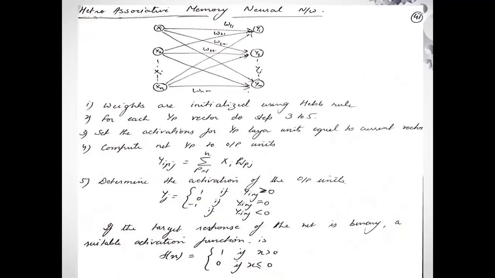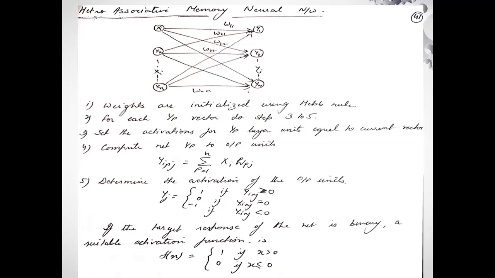So what do we have now? We have the heteroassociative memory neural network. What is this heteroassociative memory neural network? We have all these X as inputs, these Y as outputs, and the attached links or weights. So this one attached with this is termed as W11.